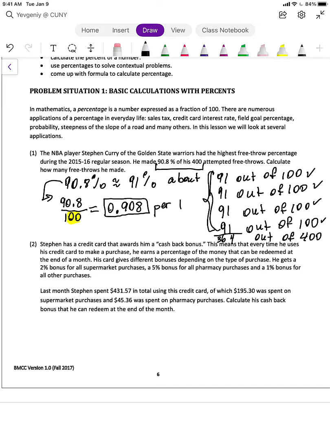So in this case, we're going to multiply that by our base, and then what we get is the approximate number based on that percentage. So 0.908, I'm using my calculator, multiplying by 401, and I get 364.1.